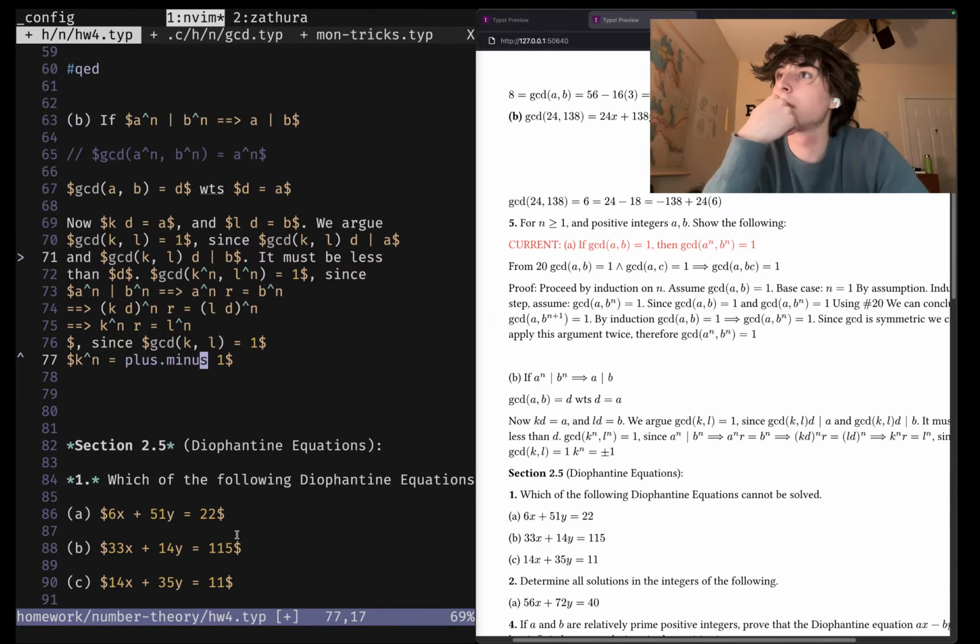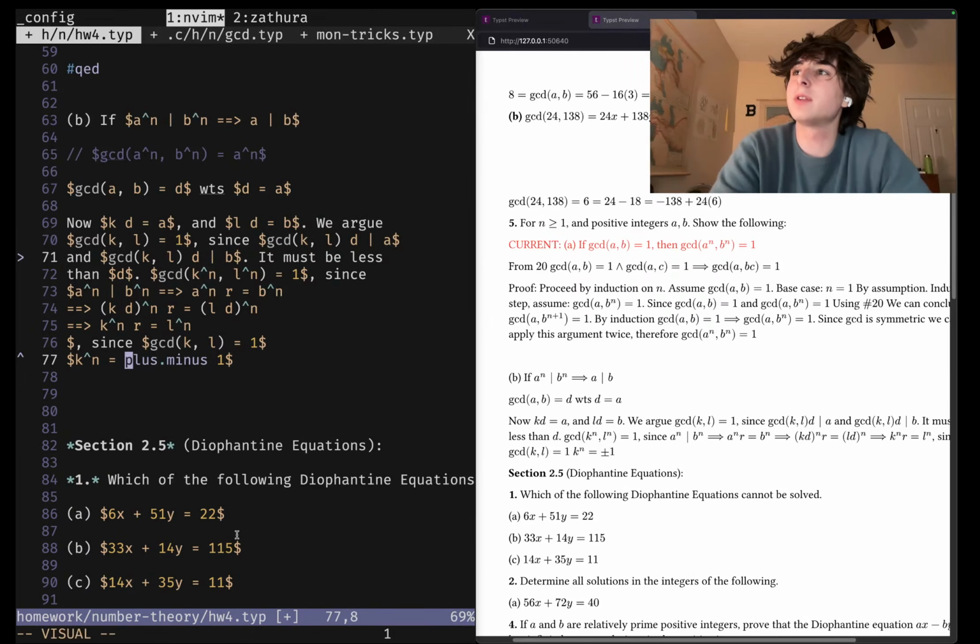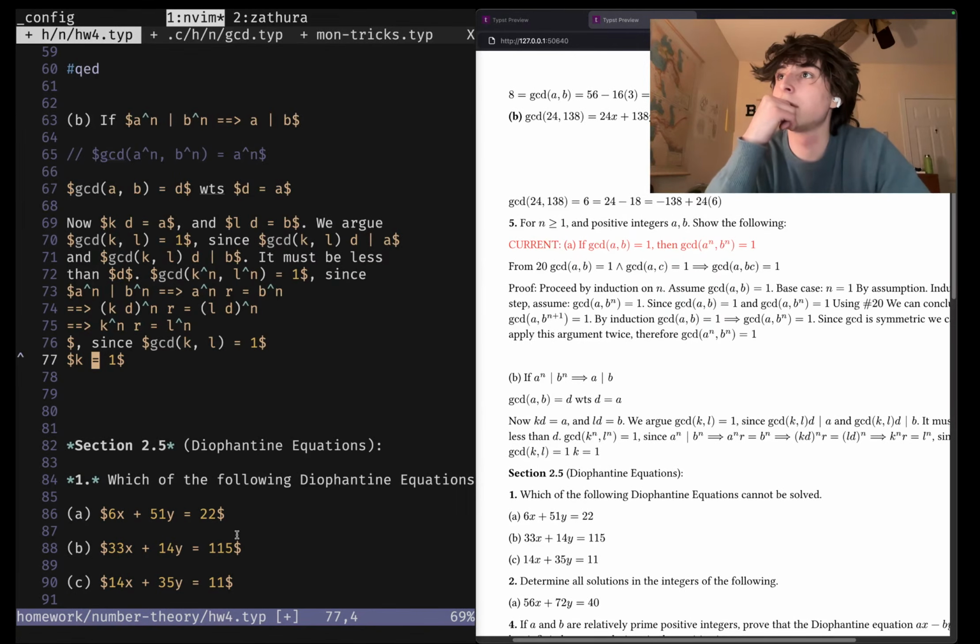Okay, and now I feel like we could just say that it's 1 for this case. What I mean is that k itself is plus or minus 1, because k to the n is equal to 1.